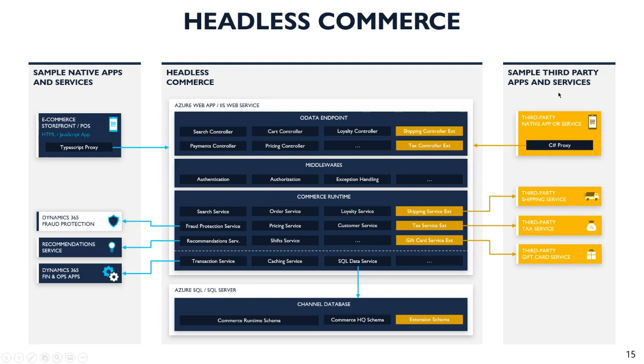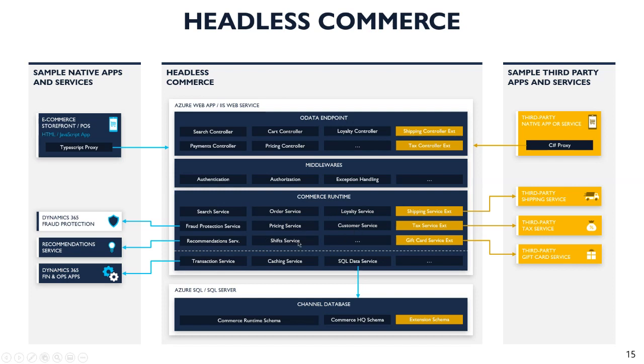Okay, I will quickly spend one minute on the high-level architecture of the Commerce runtime. As I said earlier, it contains all of our core business logic, for example the pricing logic or the search logic. All of this logic is available in the Commerce runtime, and you can customize any of it.